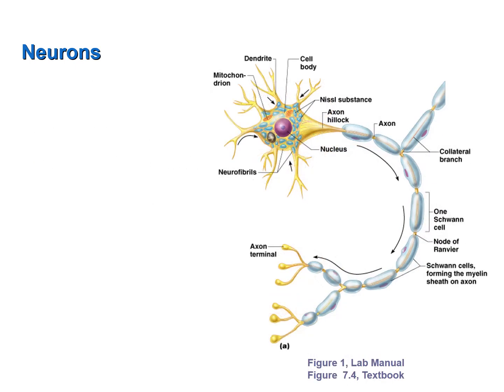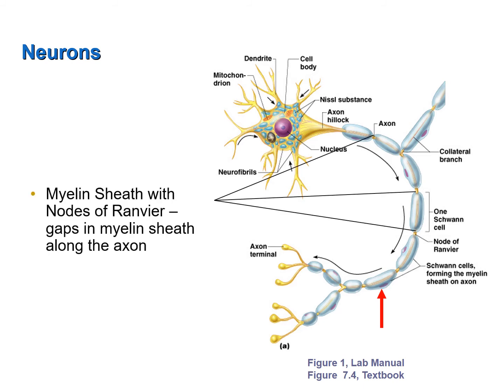I also want to point out that the axon is covered by a white structure called a myelin sheath. In this example, you have Schwann cells wrapping around the axon, and collectively they make up a structure called the myelin sheath.